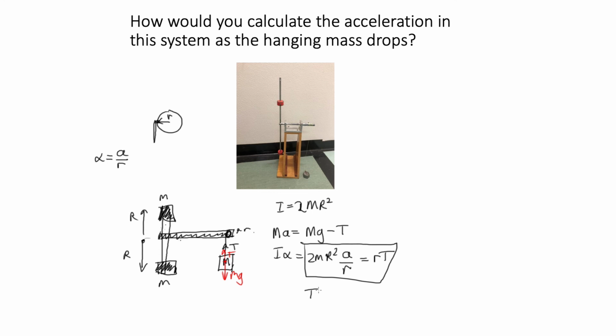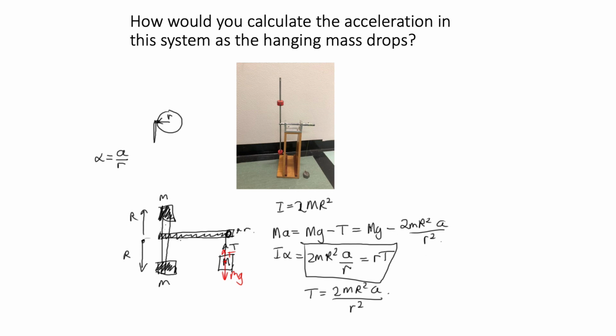So we've got that the tension force is equal to 2mR squared a over r squared, and we can now substitute that back into this equation here. So here we've got Mg minus 2mR squared a over r squared.